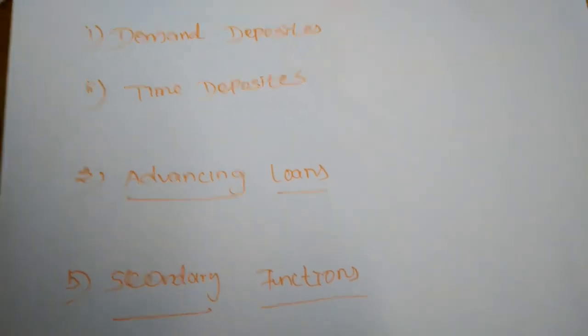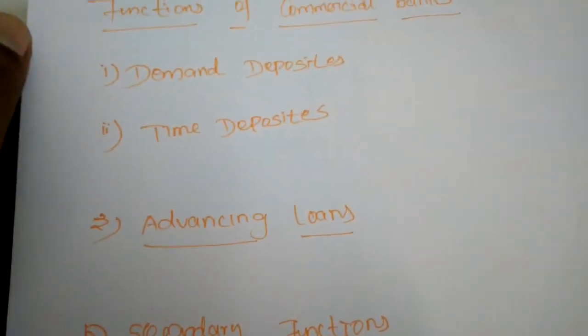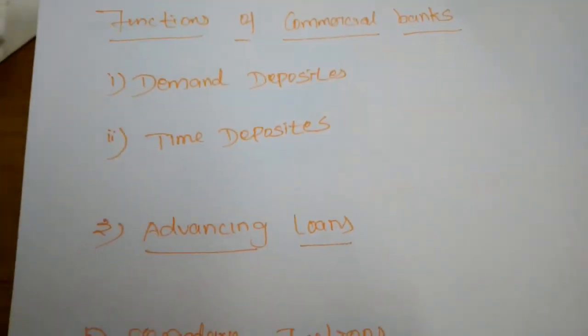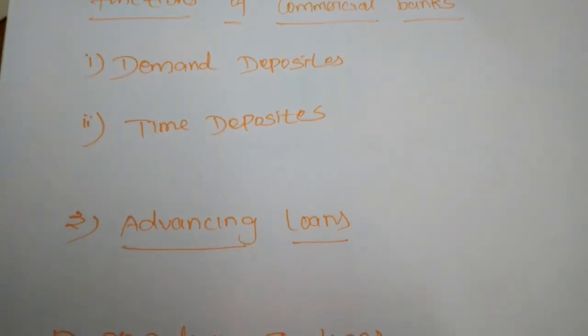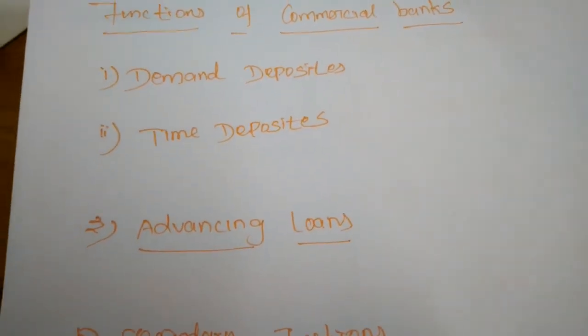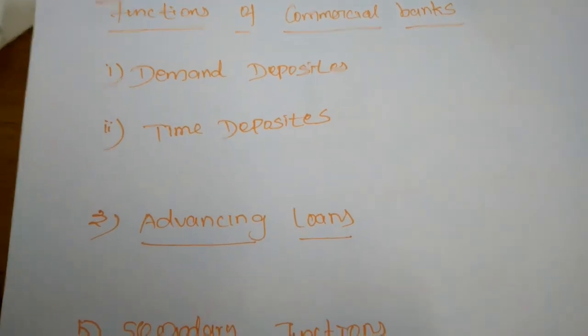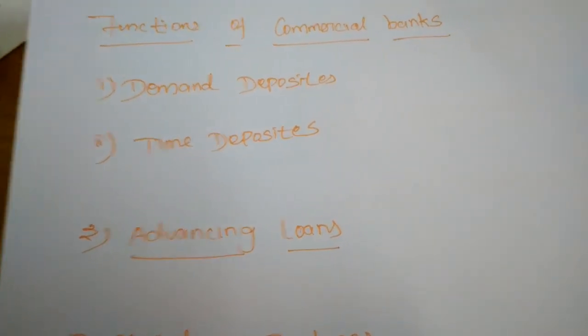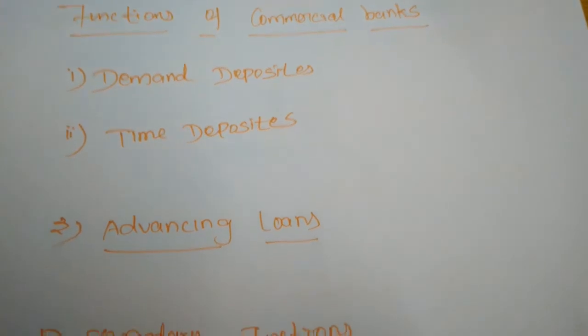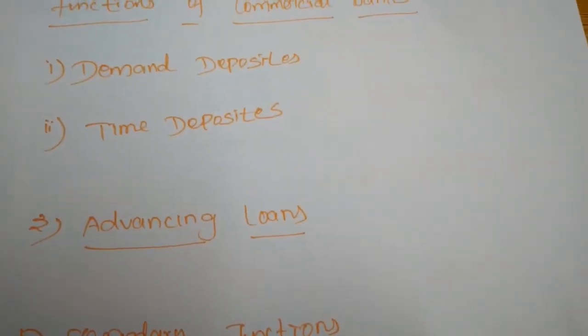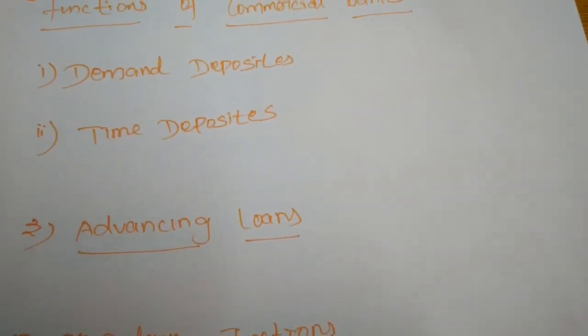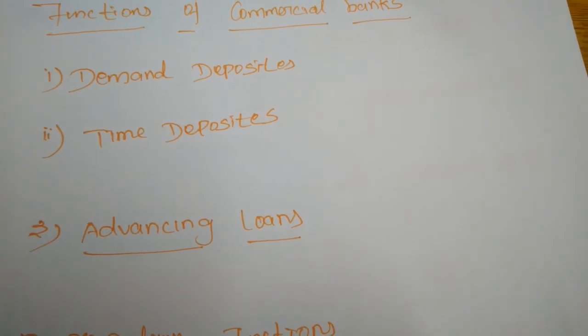Nowadays different kinds of facilities are provided by the bank to get an advance loan, and different types of loan formats are also introduced by the commercial banks for the purpose of improving their living standard and their business units.